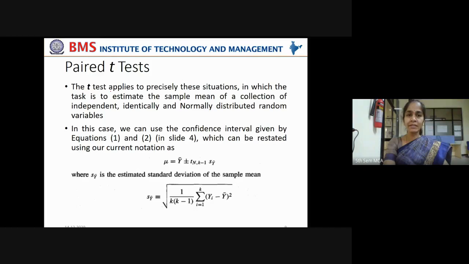So the t-test applies to precisely this kind of situation in which the task is to estimate the sample mean of a collection of independent, identically and normally distributed random variables.